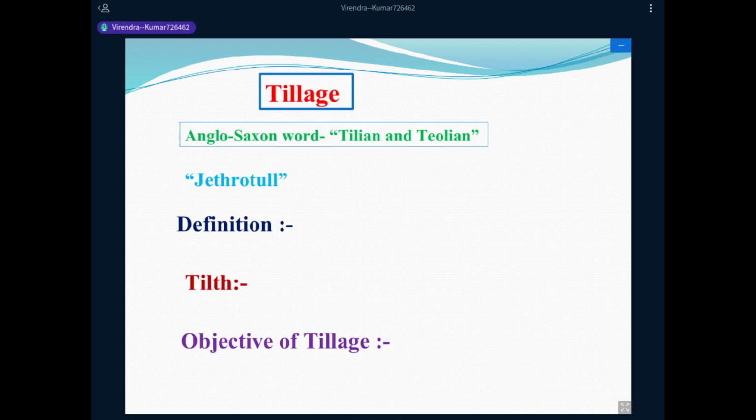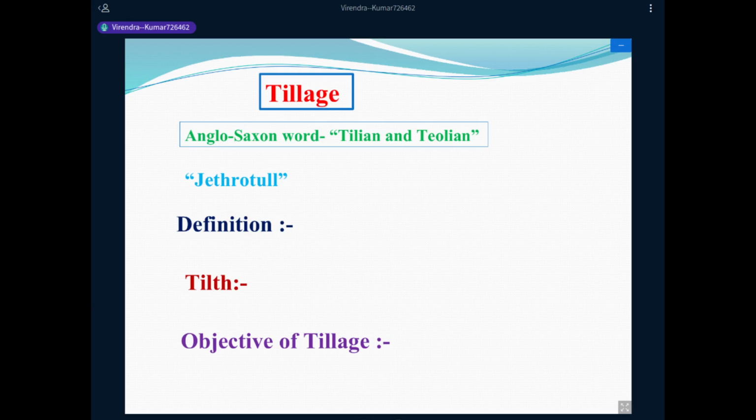The Anglo-Saxon words tillion, tillole mean to plow the soil or prepare the soil to provide favorable conditions for proper germination and growth of the crop. Jethro Tull is the father of tillage, and tillage is the mechanical manipulation of the soil to make it friable for proper germination of seed and proper growth and development of the crop.